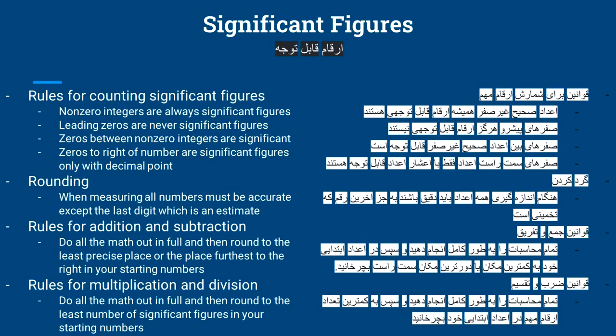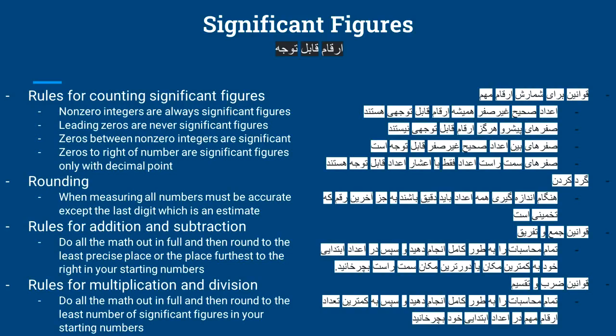So we go back to our starting numbers and see that we have 12.5, whose least precise place is going to be 0.5, and 10, whose least precise place is going to be 0. Out of the two numbers, the tenths place in 12.5 is going to be our least precise place. So we want to make sure our answer is rounded to the tenths place. And 22.5 is rounded to the tenths place, so we know that our answer has the right number of significant figures.